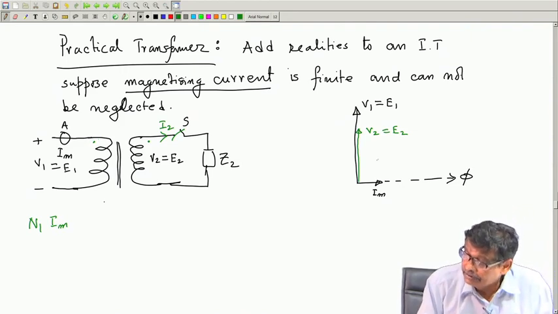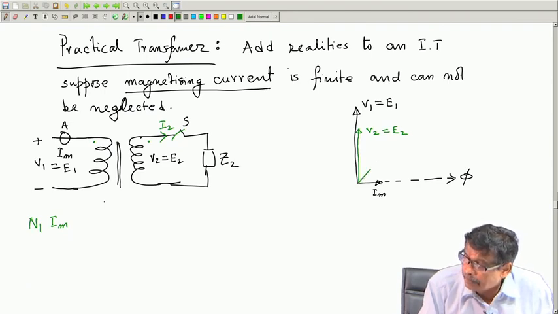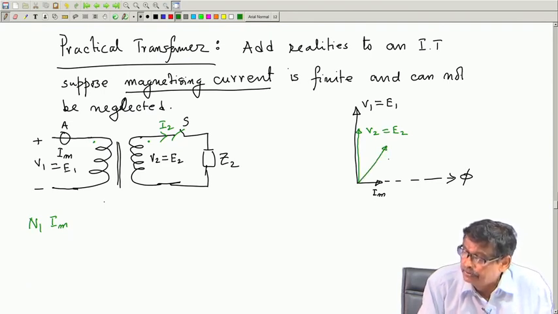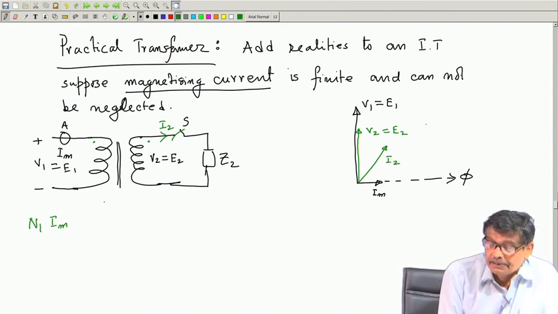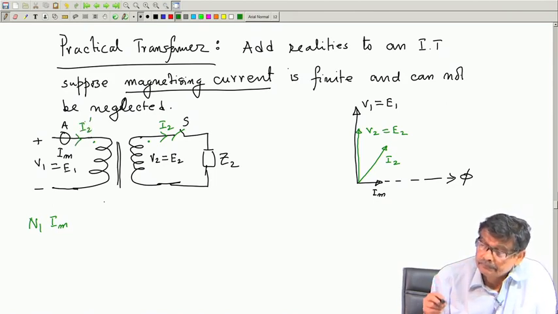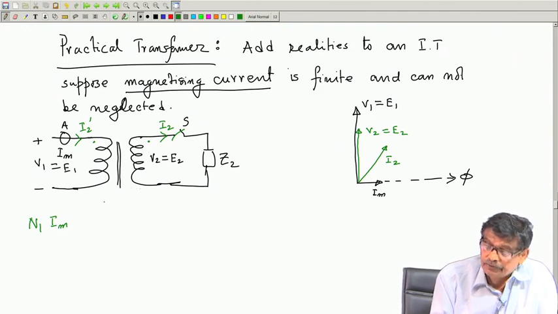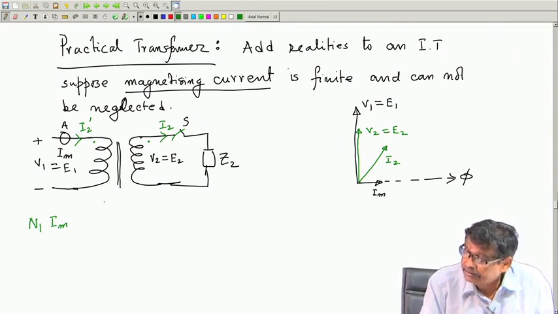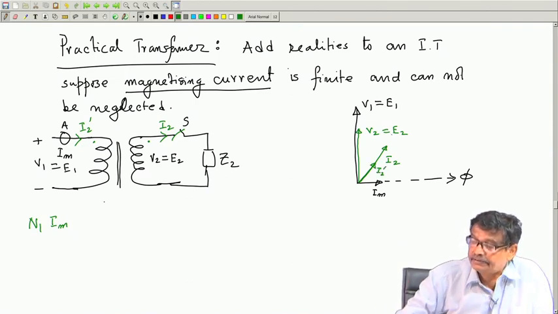Therefore, if you close it, depending upon the power factor angle, I 2 will be here. But the primary immediately will draw an additional current I 2 dashed. I have assumed the low voltage side to be this. So, I 2 dashed will be of lesser length, as the high voltage side current is less.